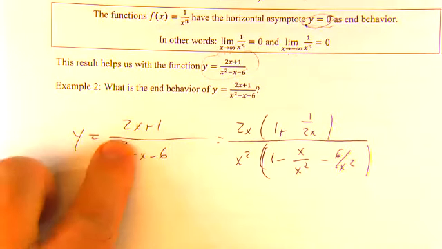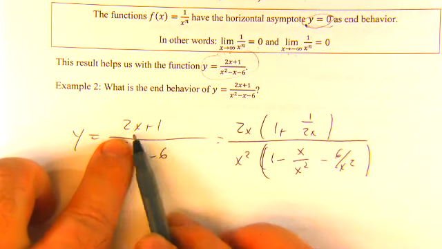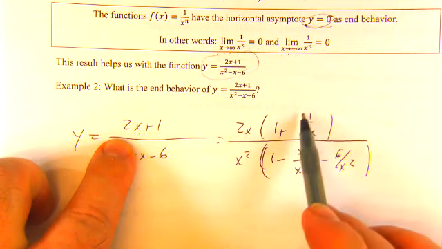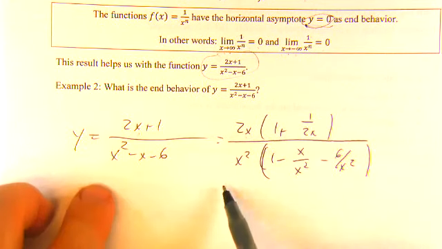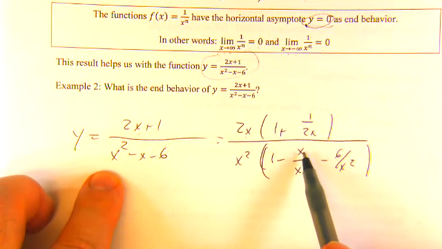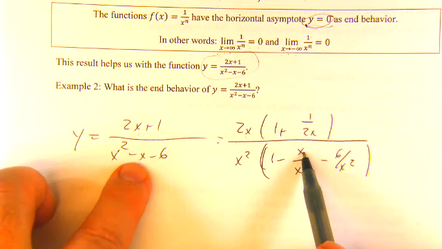So when I factor something out of the top, that means I just rewrite it as a denominator for everything else. The 2x comes out, 2x times 1 is 2x. 2x times 1 over 2x, that's my 1. x squared times 1, that's my x squared. x squared times x over x squared, the x squareds cancel out, and I'm left with minus x.